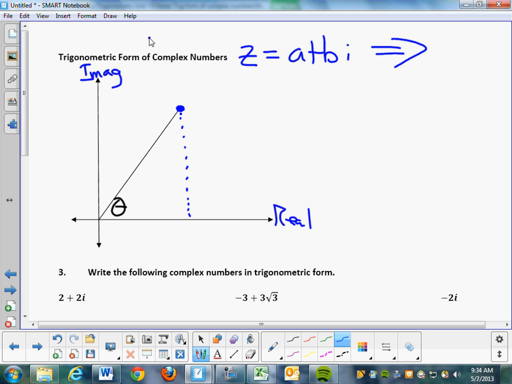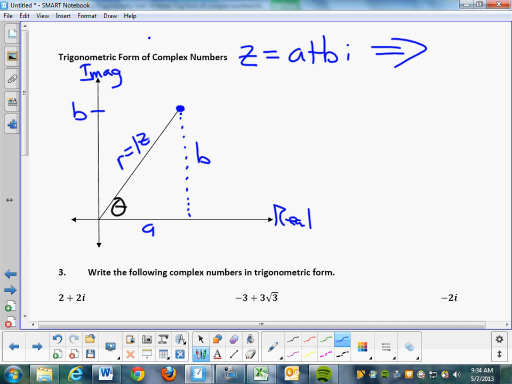What is this x length? X. In terms of a plus bi, what is this? A. In terms of the height, what is this? B. Very good. So the radius, we normally call this r, right?